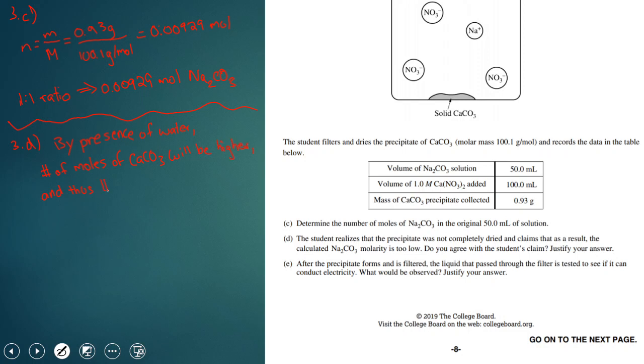And thus, number of moles of Na2CO3, because the stoichiometry remains the same, will be higher. The stoichiometry isn't affected, molar mass isn't affected, only the mass is, and that'll cause an increase. And thus, I disagree with the student.